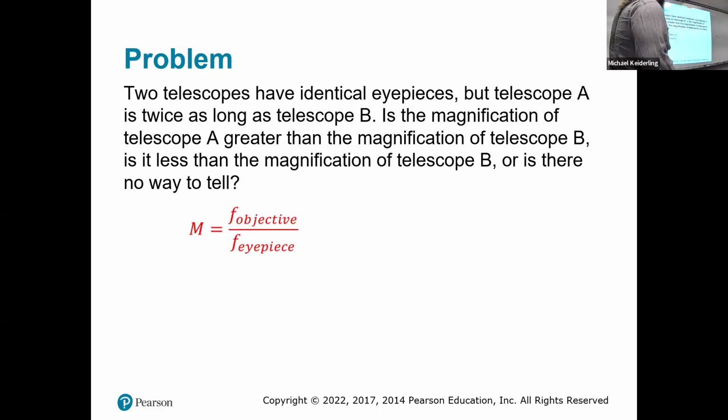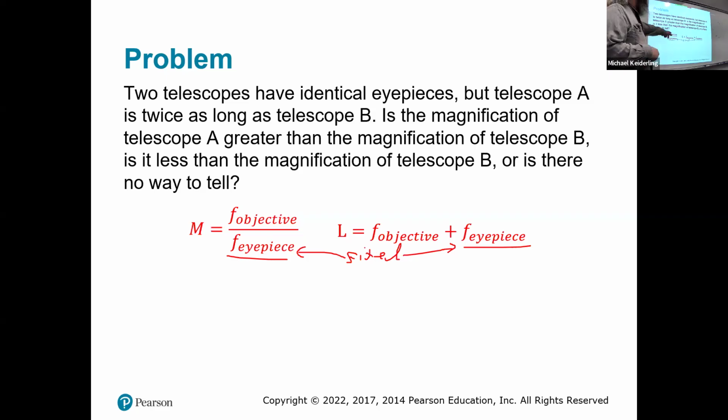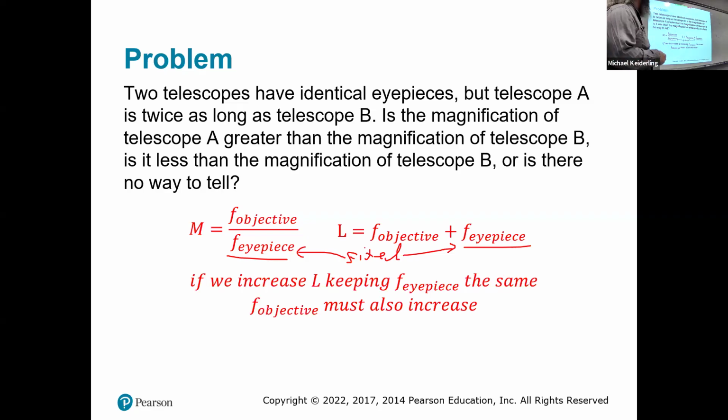So for this, magnification is the focal length of the objective over the focal length of the eyepiece. And length is the focal length of the objective plus the focal length of the eyepiece. But given in the problem, the two telescopes have identical eyepieces. So those two are fixed. So if we increase L, keeping F eyepiece the same, F objective has to also increase.